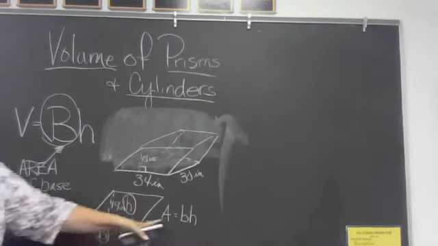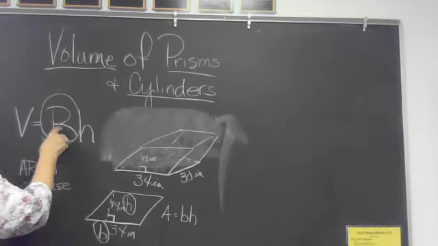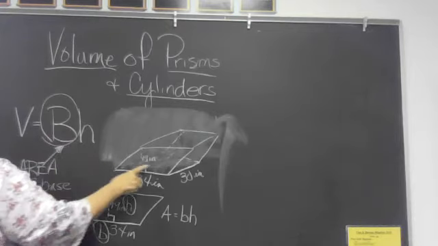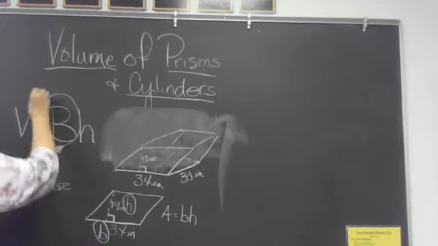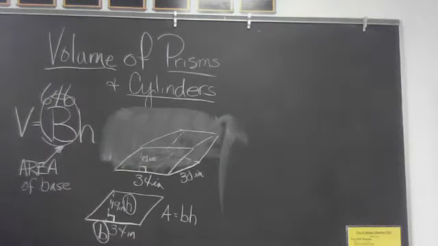So to find the area of the base, it's going to be 34 times 19. So the area of this base is 646 inches squared. And we know that we have to take it times the height.